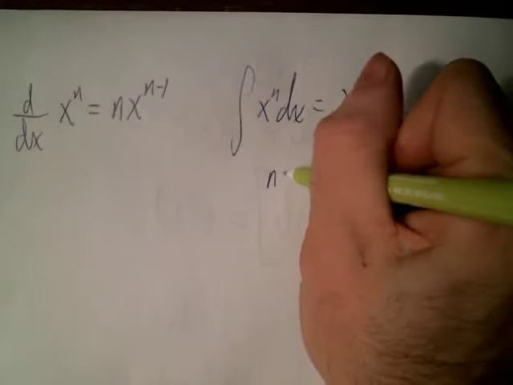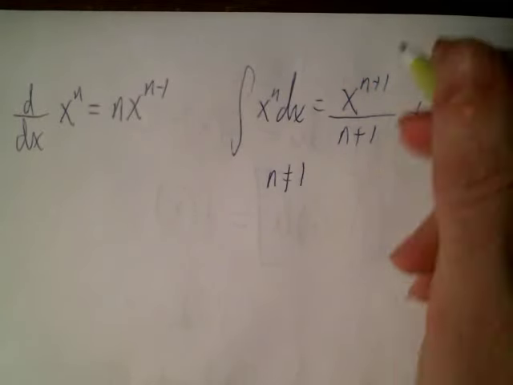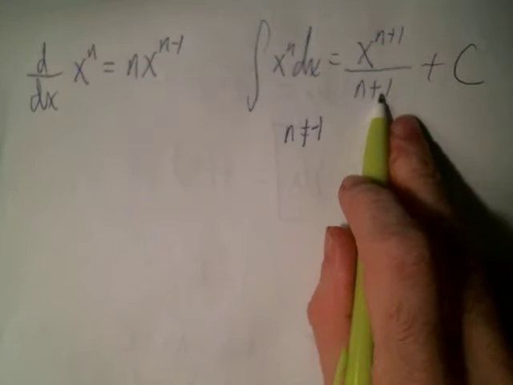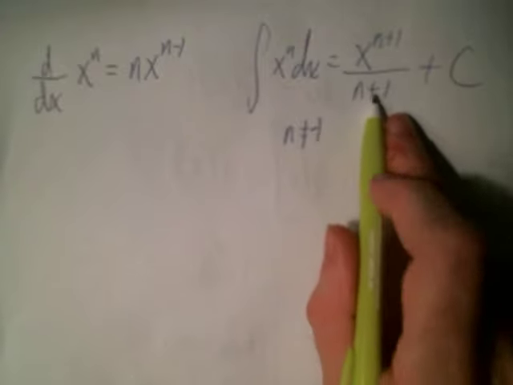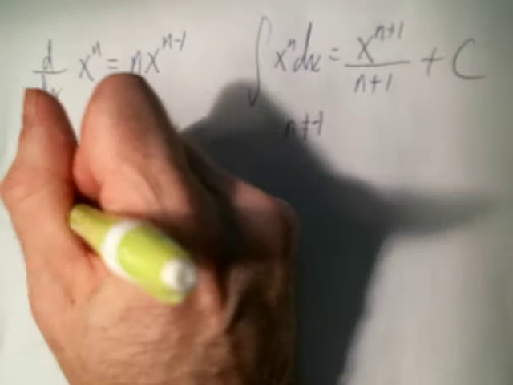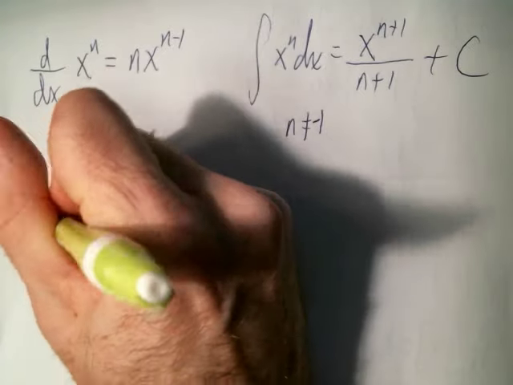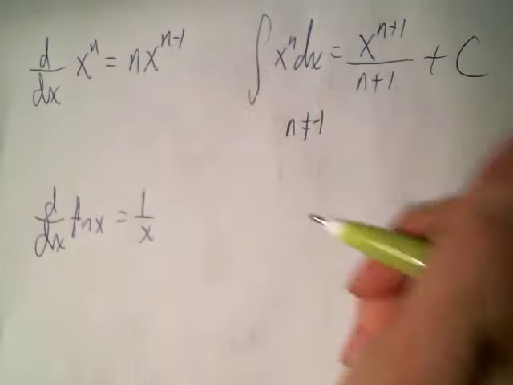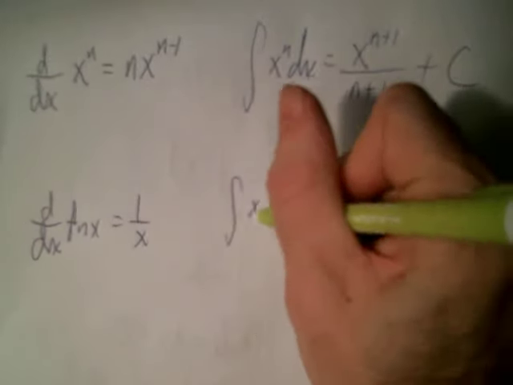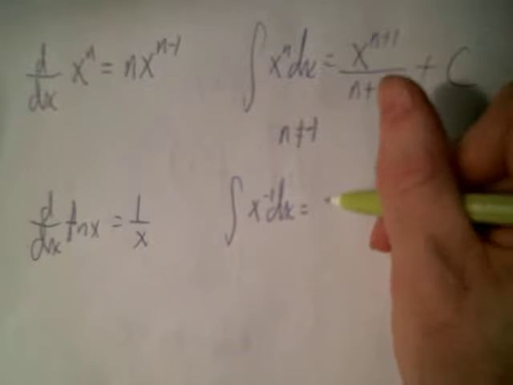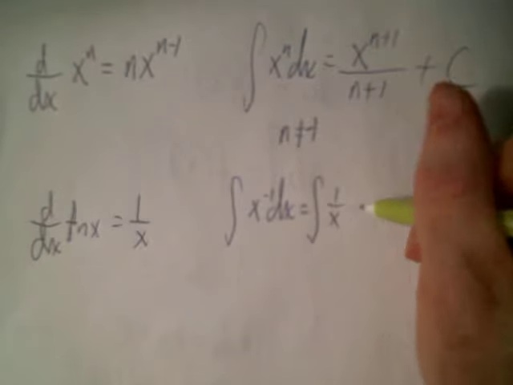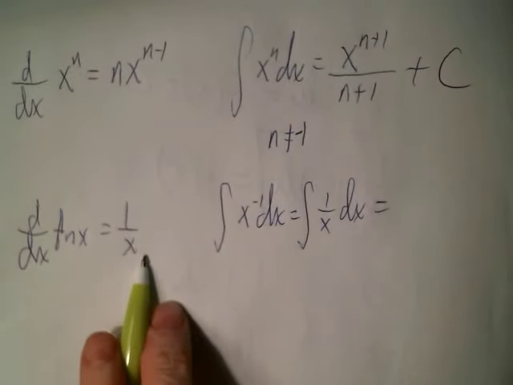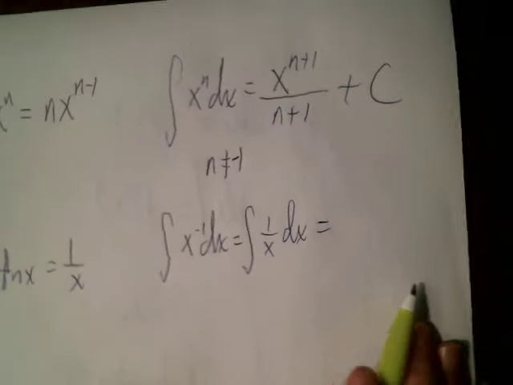Please note, in this case, n is assumed not to be equal to negative 1, because if you put negative 1 in here, you'd have some trouble. So what is the integral when you have x to the negative 1? Well, you can figure that out because you know the derivative of ln x is 1 over x. So the integral of x to the negative 1 dx, which is basically the integral of 1 over x dx, must be ln of x.